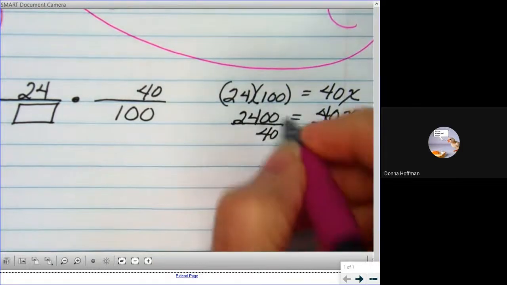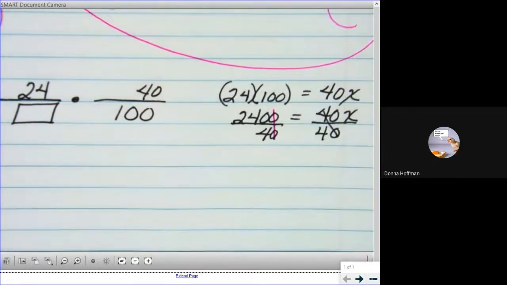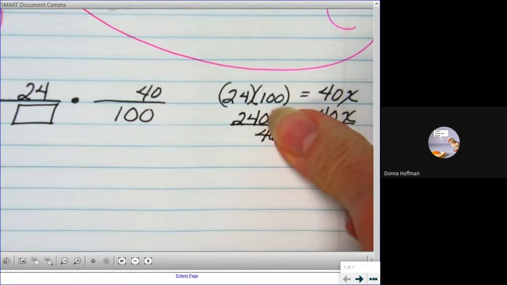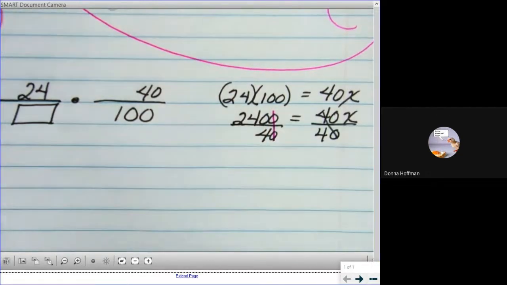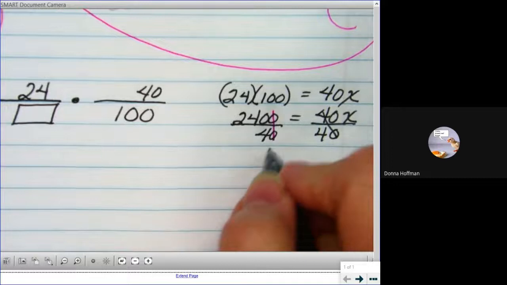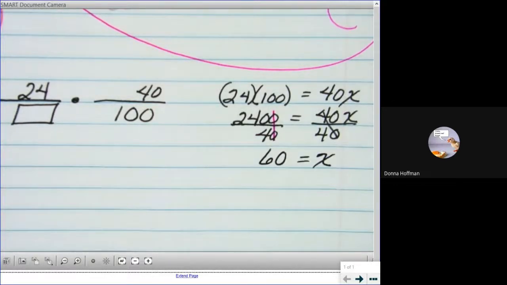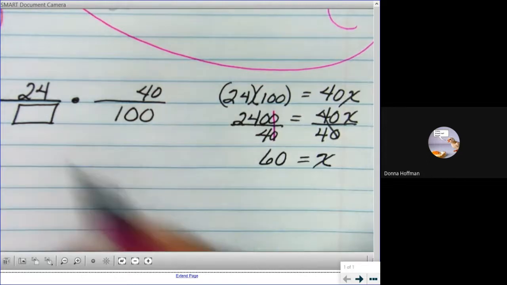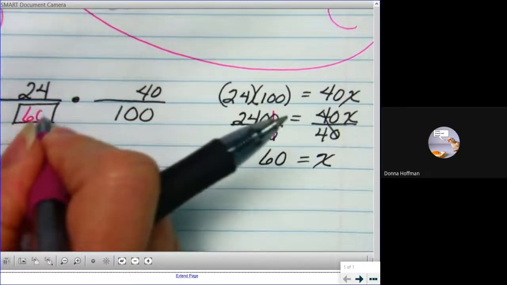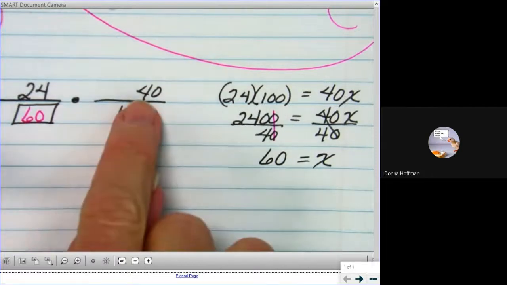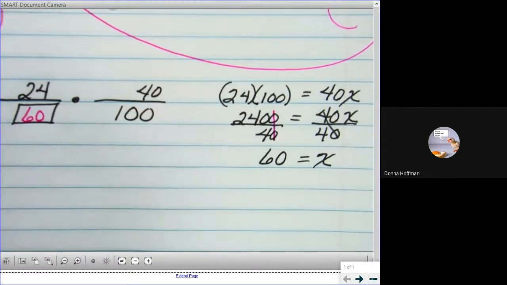Guess what I got? 0, 0 gone. I love it. So now it's just 240 divided by 4, which would give me, what number times 4 gives me 24? 6. And then bring that 0 down. So my whole number is 60. So what I'm telling you is 40% of 60 is 24. Yeah, absolutely. Write it on your paper.